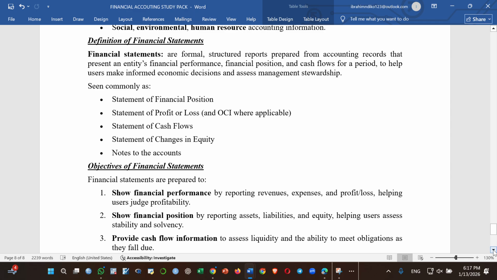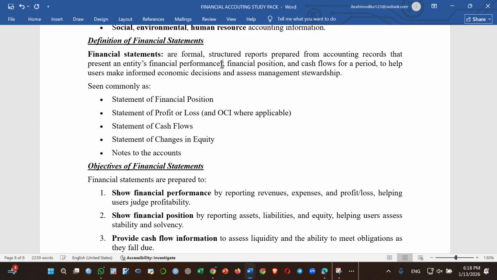Now we have the definition of the financial statement. So what is a financial statement? A financial statement is a formal structured report prepared from the accounting records that presents the entity's financial performance, position, and cash flow for a period to help the users make informed decisions. Performance, remember we said, is the income statement.